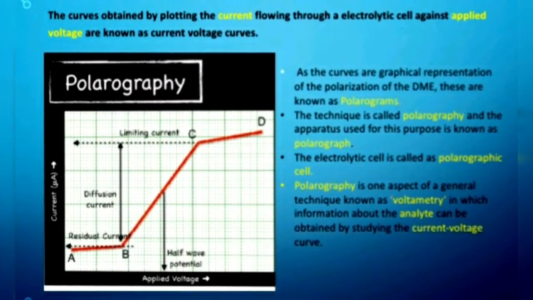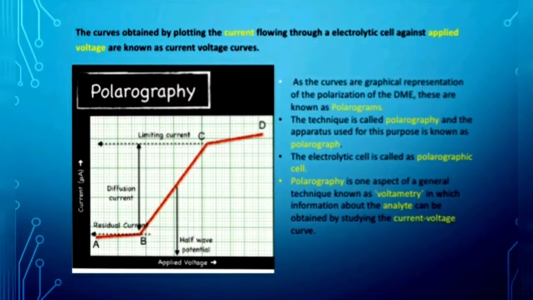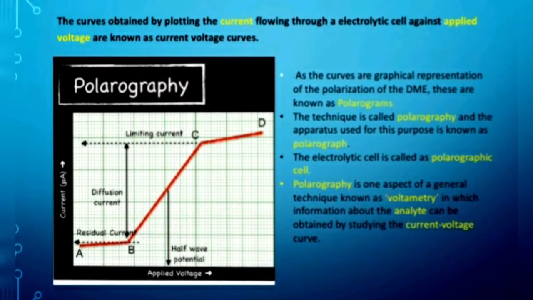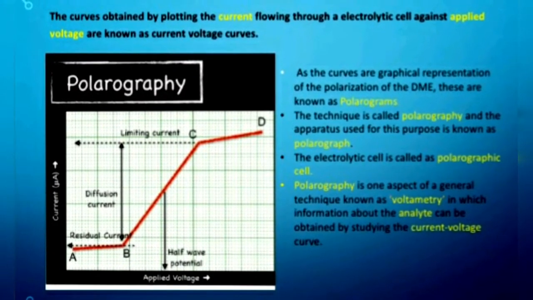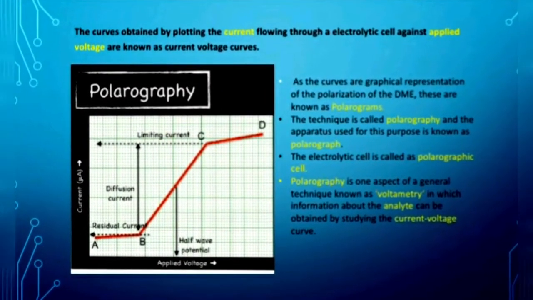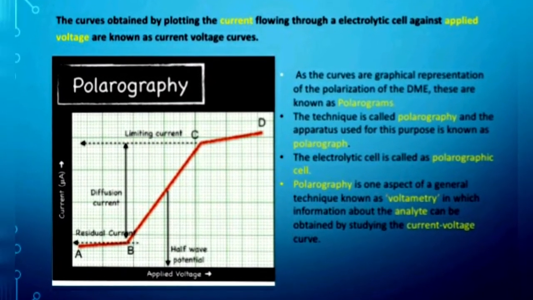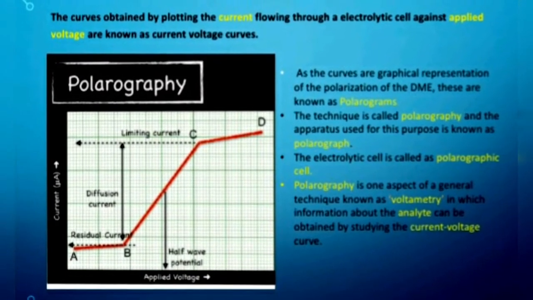By getting these measurements or values, you plot a graph where current is taken across the y-axis and the voltage that you are applying is taken across the x-axis. When you plot this, you get a curve. This is called a current voltage curve.